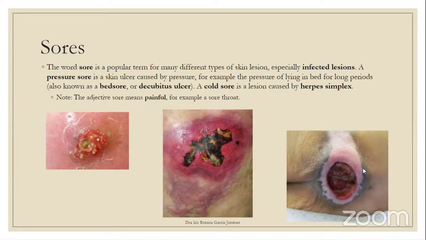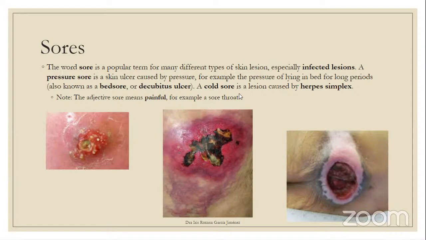In elderly people, in prostrated people that cannot move, they develop the pressure sore, also known as bed sore in the common way, or the decubitus ulcer.